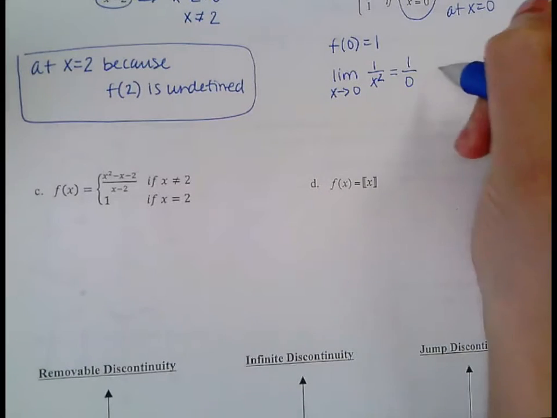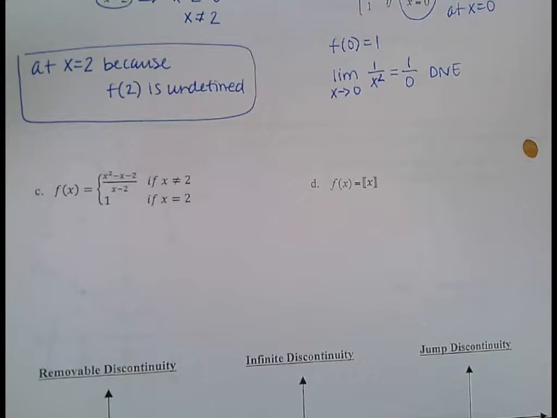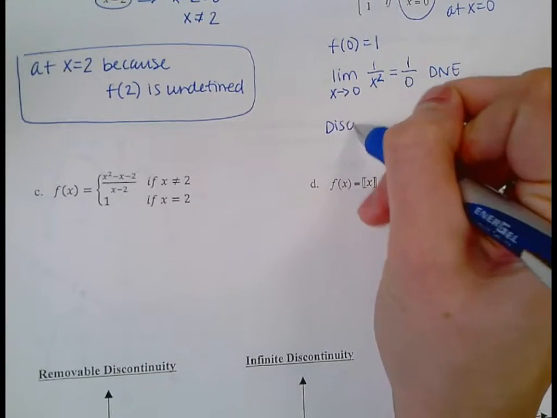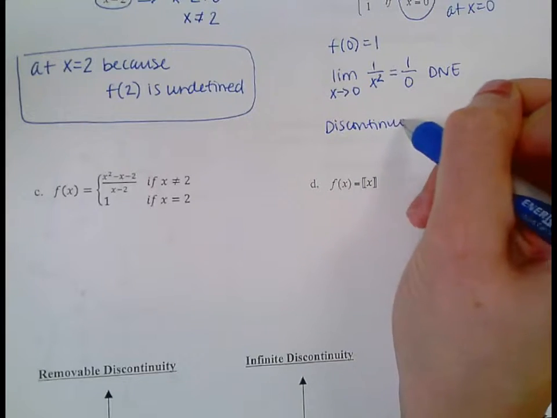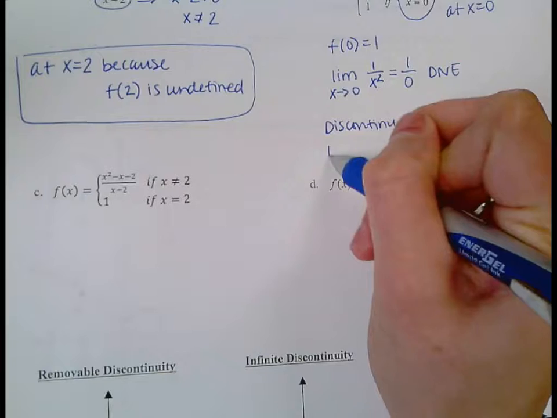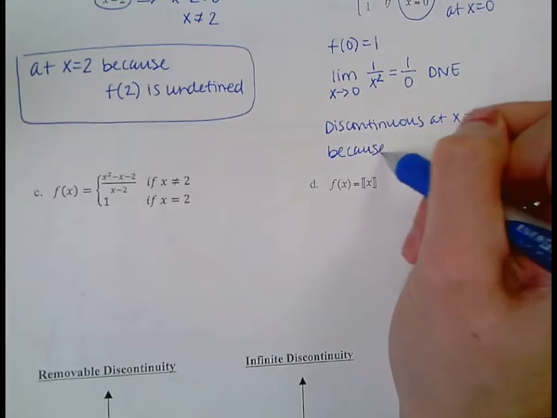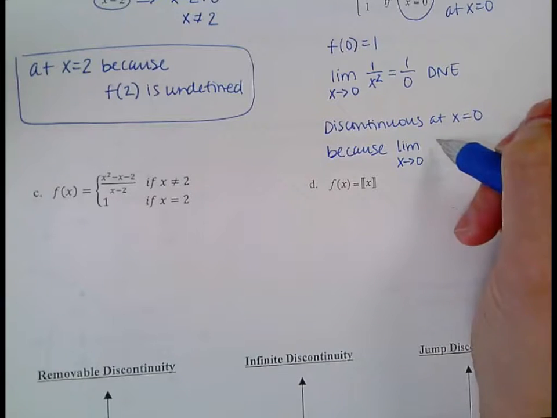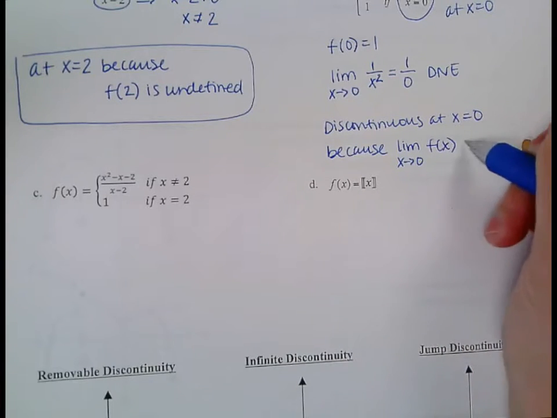That's undefined, so this limit doesn't exist. So I can stop there and say this is discontinuous. I'll actually write this one out because I know I have other work shown here. So it's discontinuous at the x value 0 because the limit as x approaches 0 of f of x does not exist.